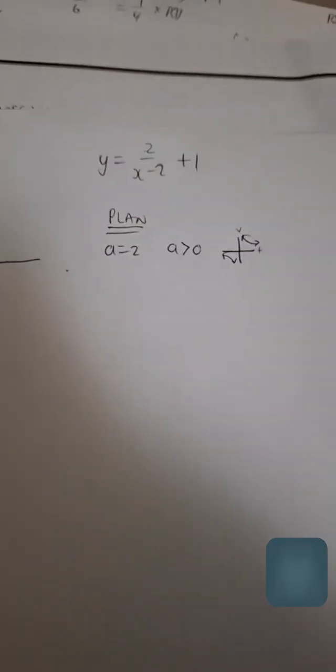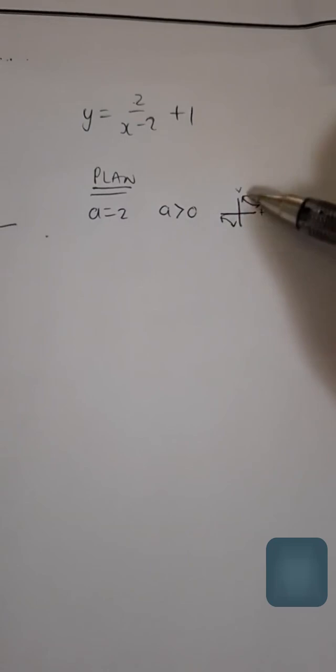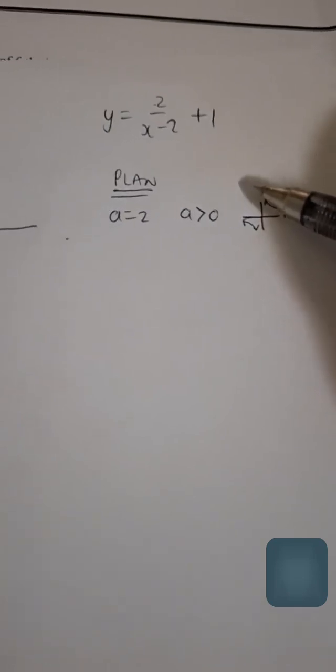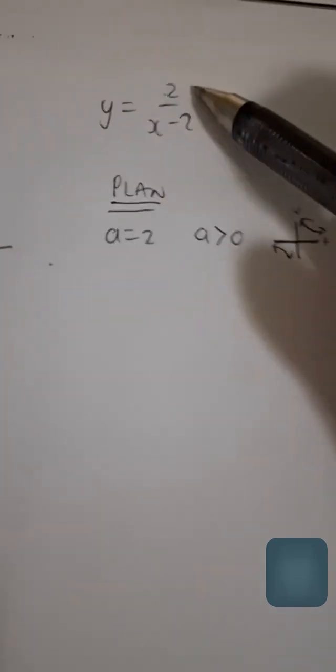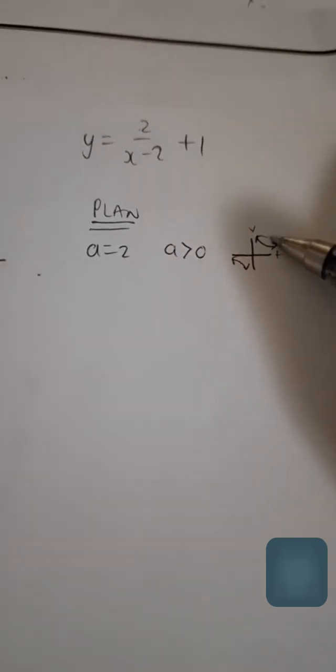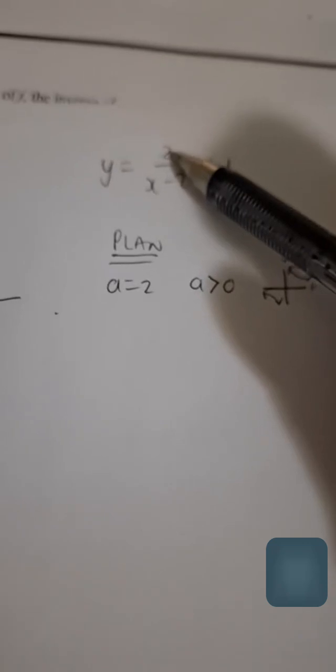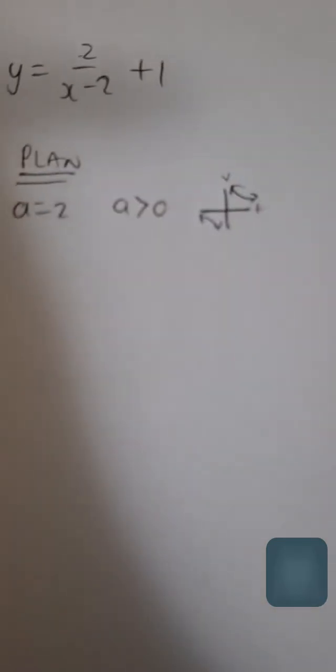So I already begin with the end in mind of what the outcome of my sketch will be, because I know when A is positive, my function is found in the first and the third quadrant. But if my A value was negative, meaning this top numerator value, then I know that the function would have been found in the second and the fourth quadrant.